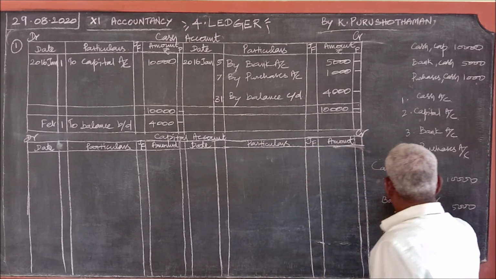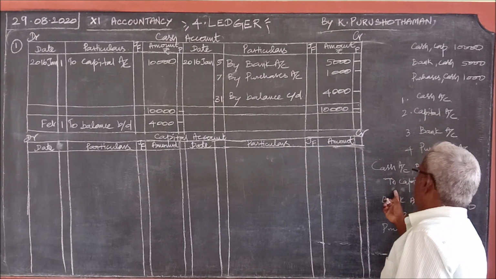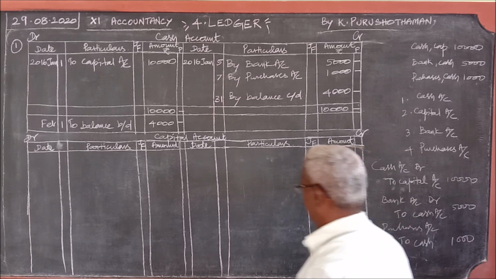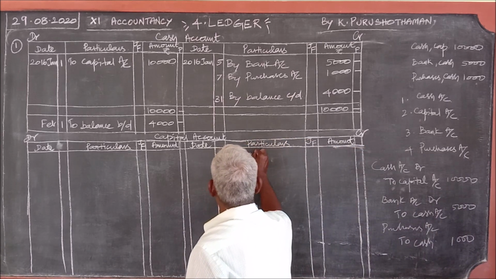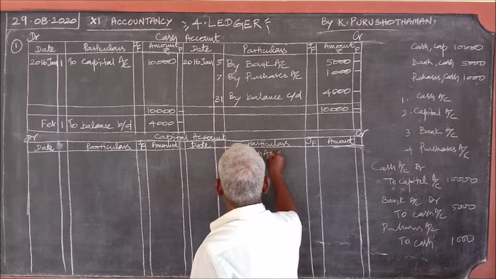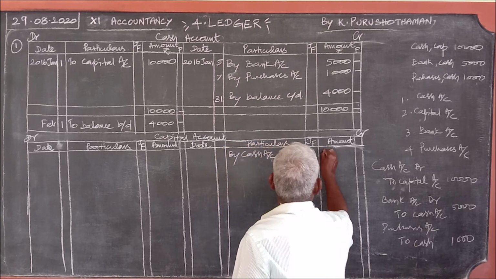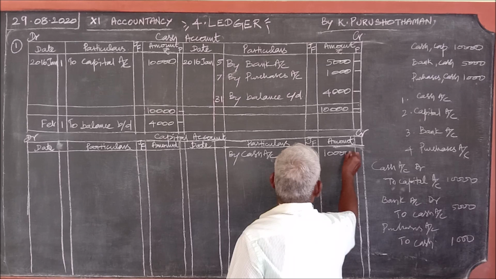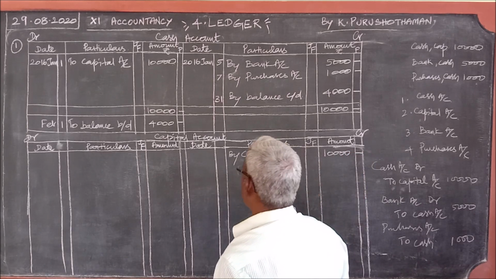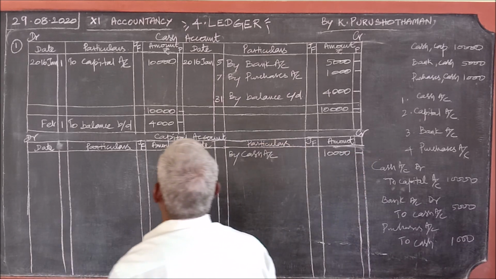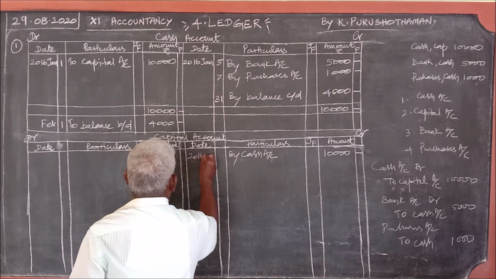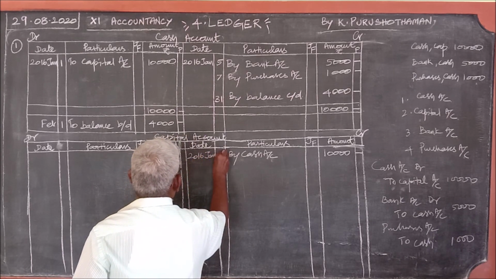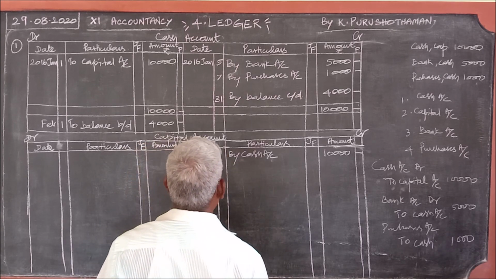Not this capital account, but what is coming along with it? Cash. Therefore, cash account. By cash account, amount 10,000. The date is 2016, January 1st, by cash account.